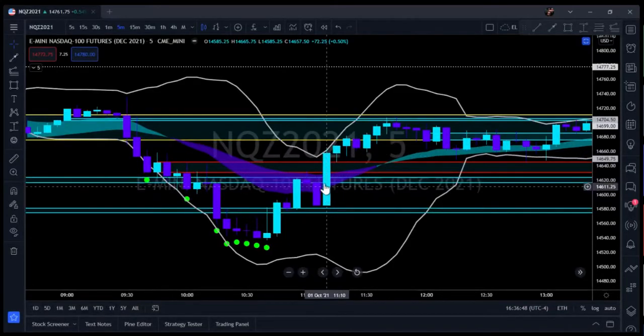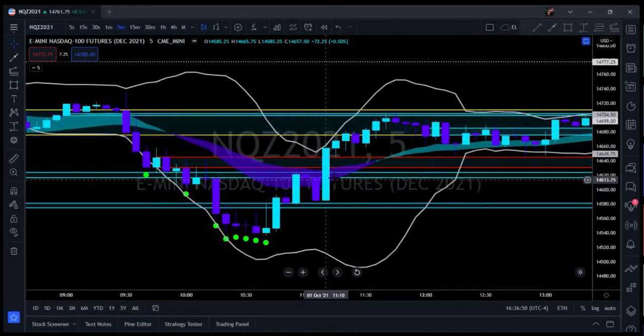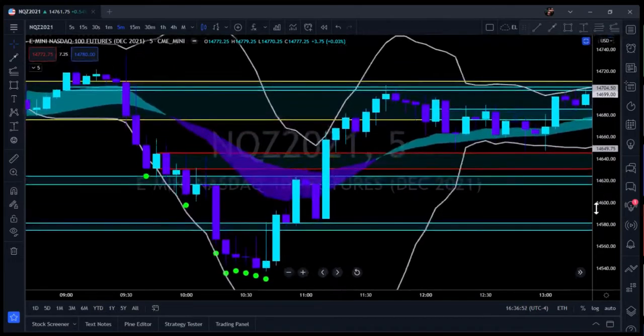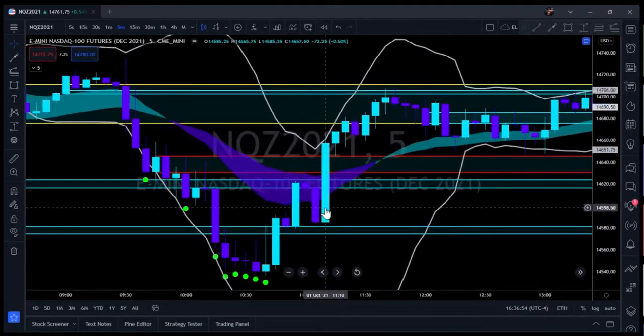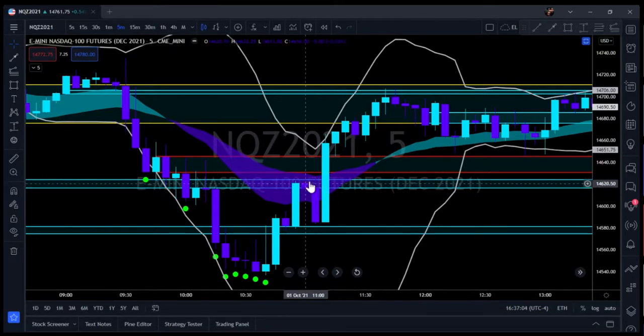Well, there's one thing you need to take into account right here, and this is where these boxes come in to save you and give you context. Once support is broken, if you know the candle's closing up here, don't take a short above this box. Right here you could have taken a short, because we never closed above the box.